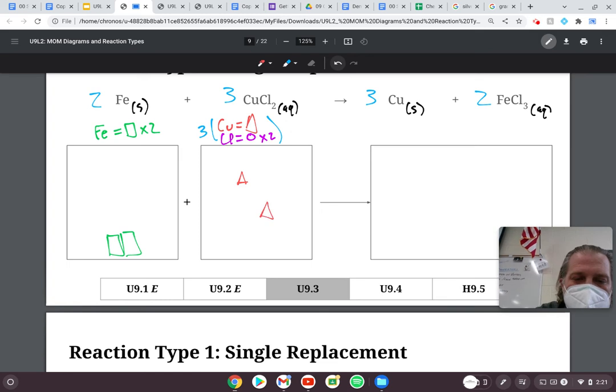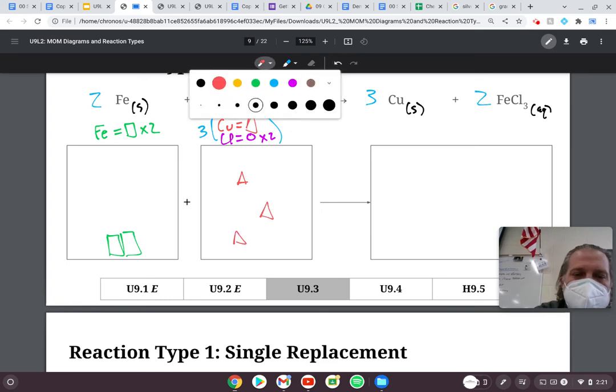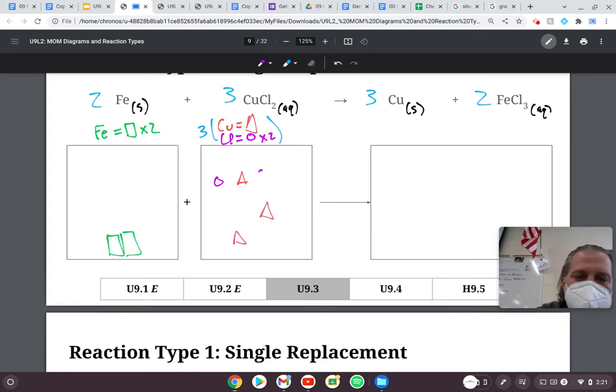Triangle, triangle, triangle. And to the triangles, I'm going to put a couple of circles. And I'm going to bind them together with a line, like so. Now, we said that's aqueous, so what does that mean?